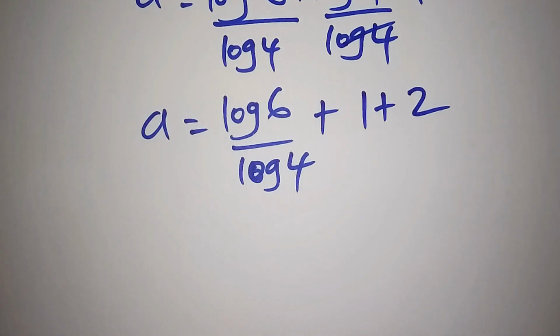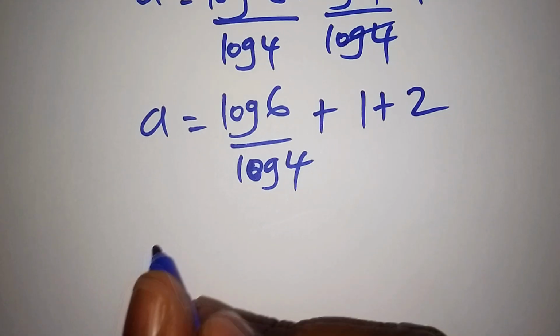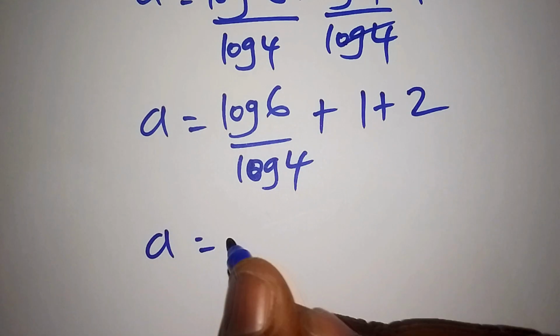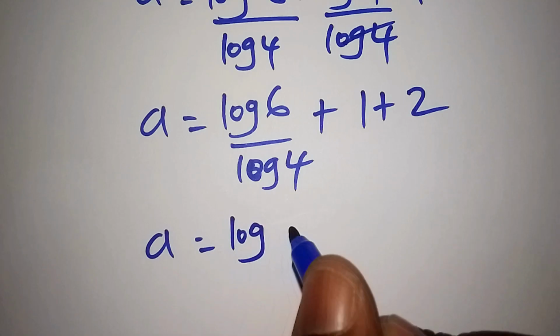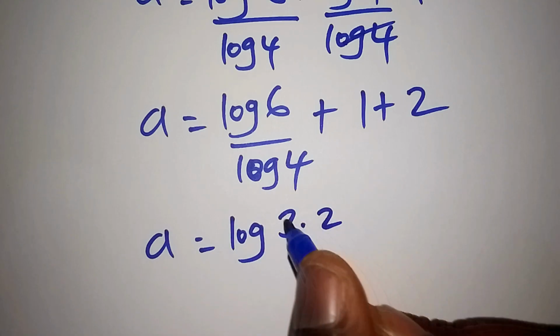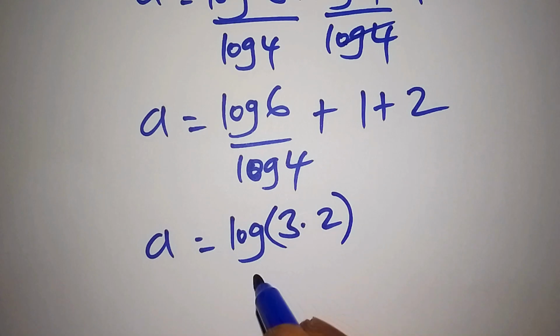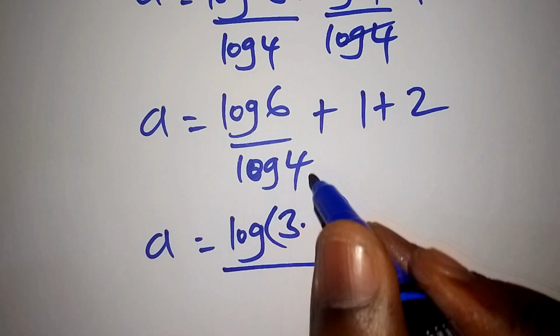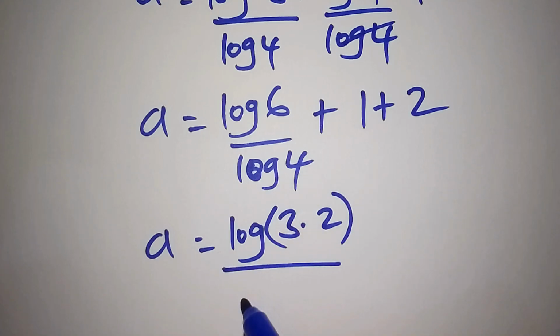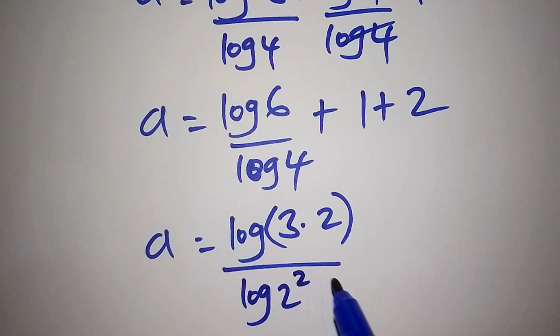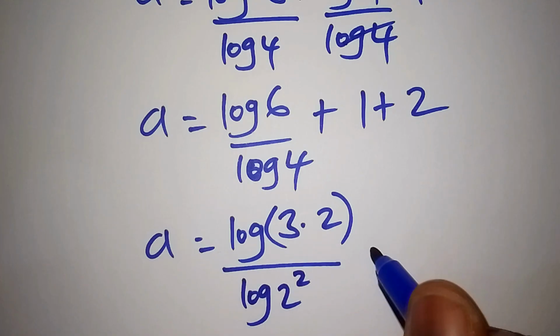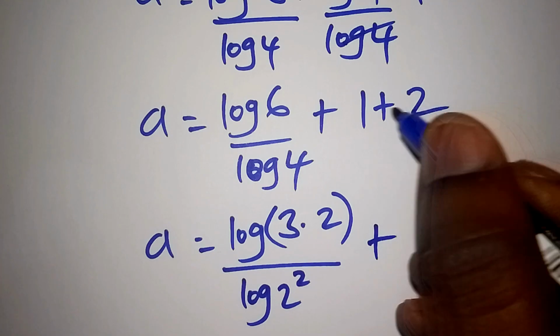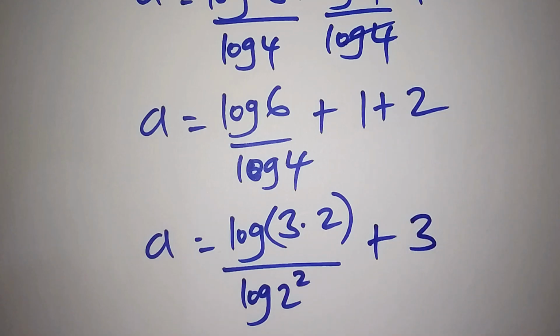So here our value for a is equal to, the log of 6 can also be written as the log of 3 multiplied by 2, all over, the log of 4 can also be written as the log of 2 to the power of 2, then here plus, 2 plus 1 is 3.